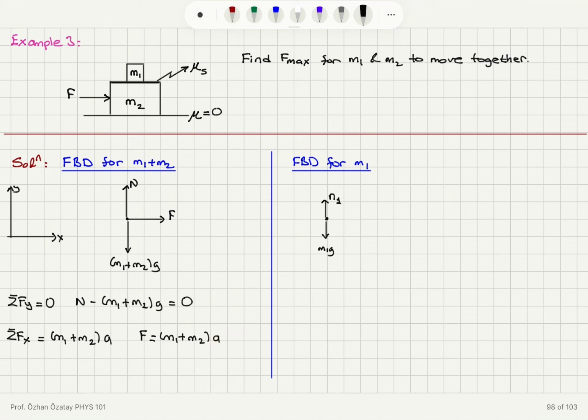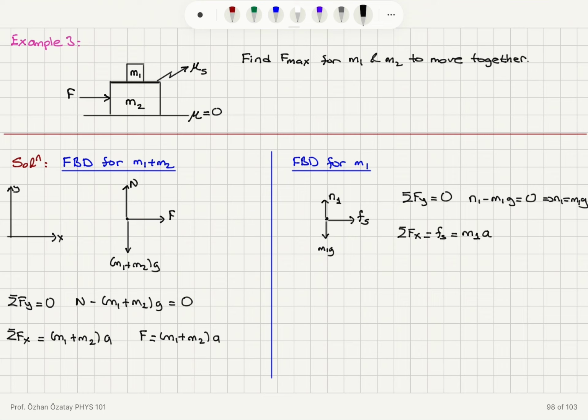Okay, so the net force on the y-axis is equal to 0 because M1 is not flying away, which means N1 minus M1g must be equal to 0, so the normal force is M1g. The net force on the x-axis is the static friction Fs, which is responsible for its acceleration, M1 times a.